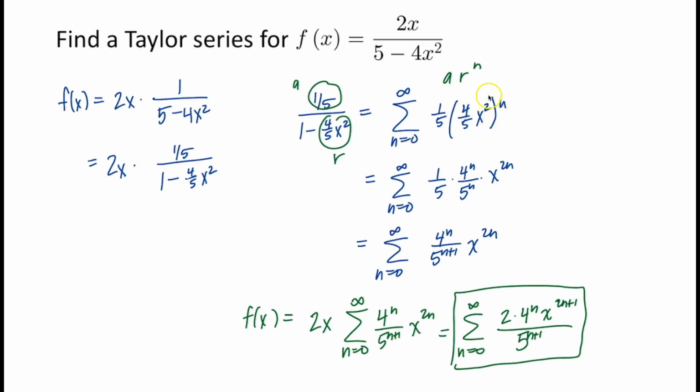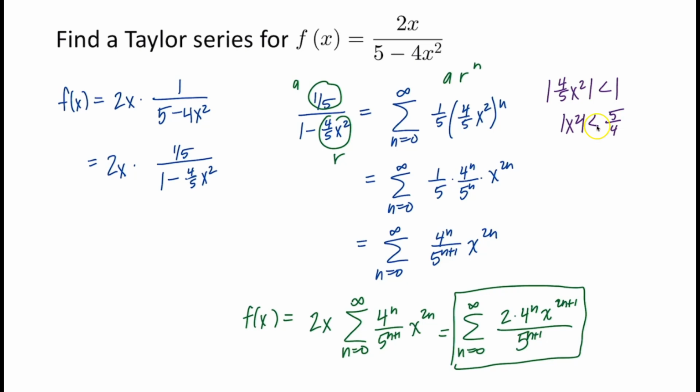Now we need to find the interval of convergence, and for a geometric series, we know that we can find the complete interval of convergence by solving absolute value of r is less than 1. But our r value is 4/5 x squared. So when is that less than 1? Well, we'll pull out the 4/5 and multiply by the reciprocal 5/4. So absolute value of x squared is less than 5/4.